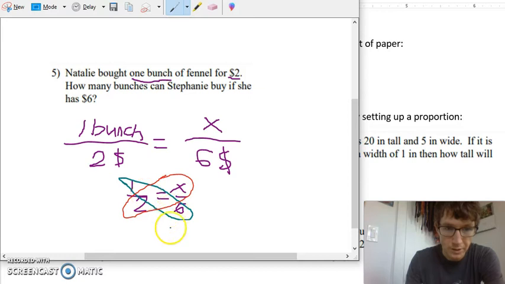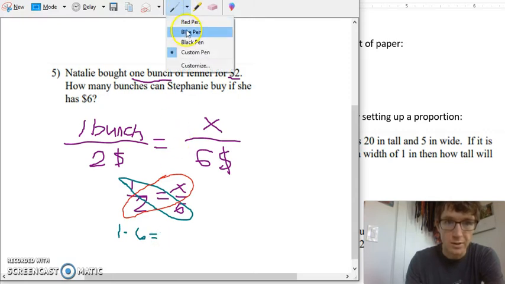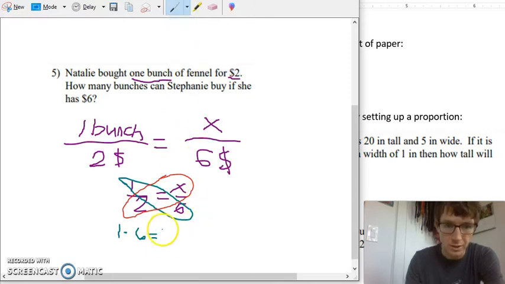So at that point we should have 1 times 6 is equal to 2 times x. And 2 times x is just 2x. And 1 times 6 is just 6. So I'm just going to erase that. So we have 6 equals 2x.